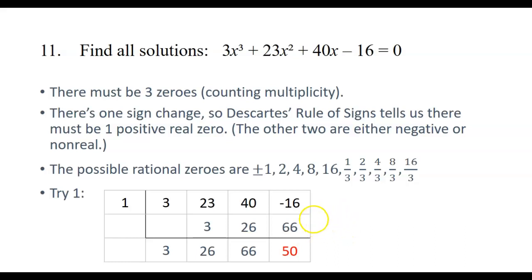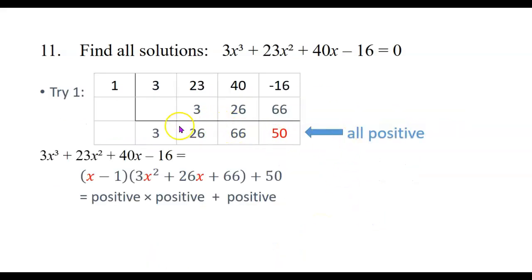But there's also something else that I've learned from doing this. Notice that all the numbers in the bottom row turned out to be positive. Positive 3, positive 26, positive 66, positive 50 for a remainder. And that tells me that not only is 1 not a 0, but there can't be any zeros greater than 1 either.